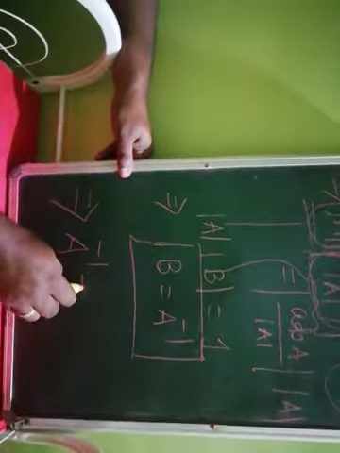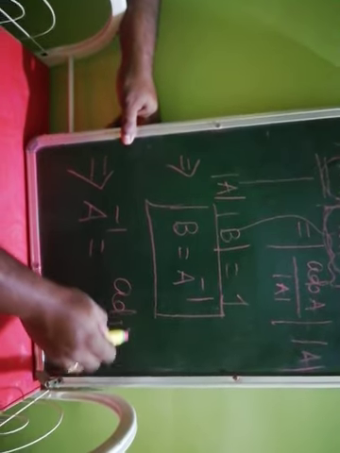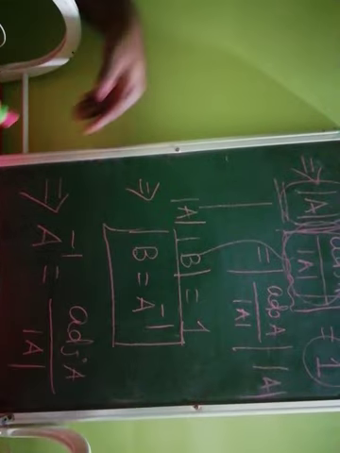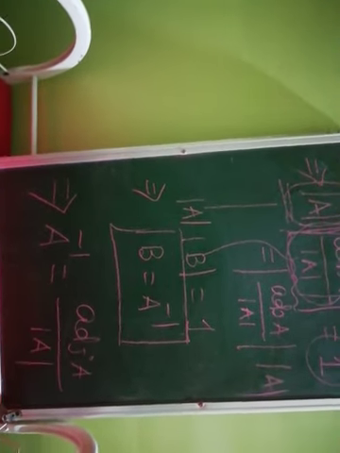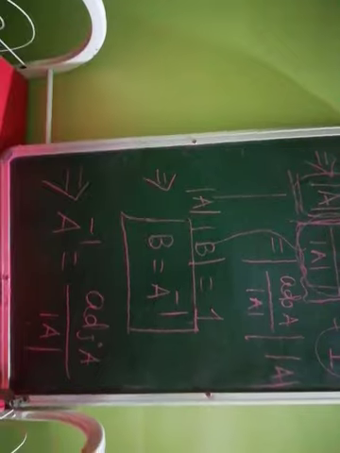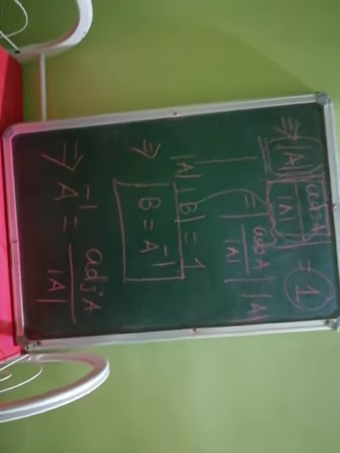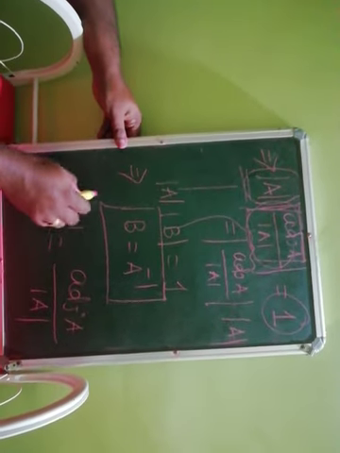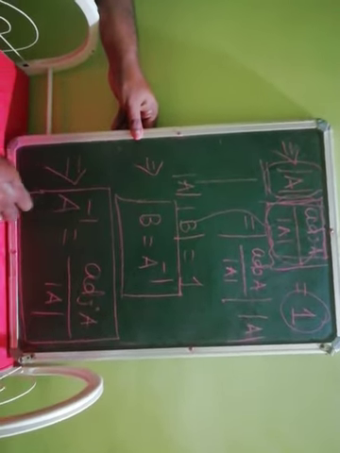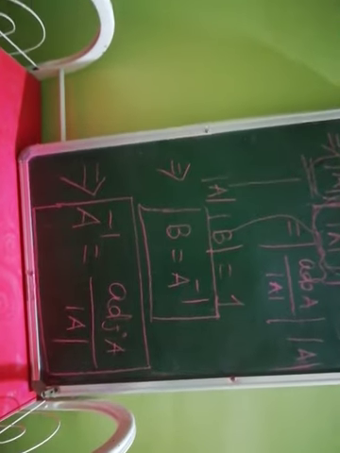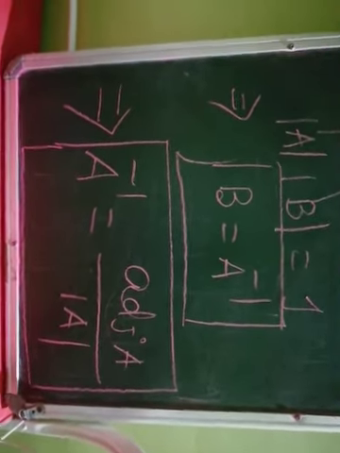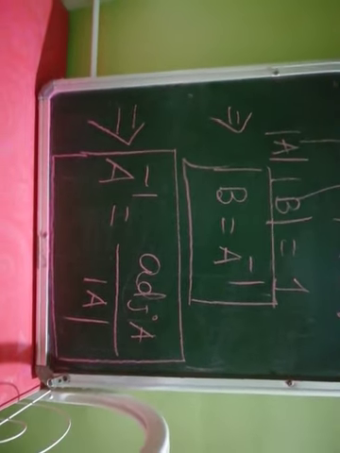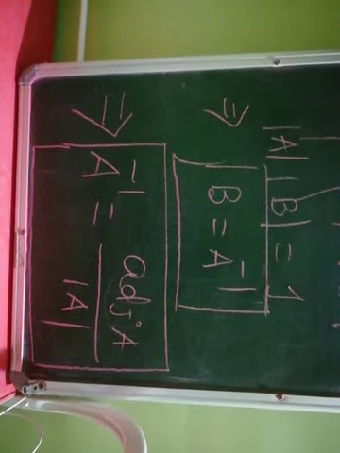Inverse of A is adjoint of A divided by determinant of A, where determinant of A is not 0, or A is a non-singular matrix. So basically this is the formula to find the inverse of a matrix, that is A inverse is adjoint of A divided by determinant of A.